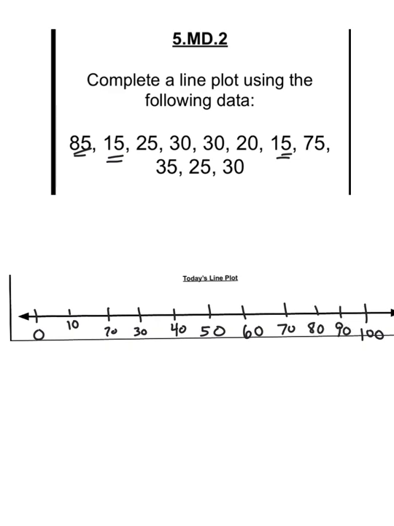Okay, so let's label. 15 is going to be right in the middle between 10 and 20, of course. So I've got my 15. 85 is going to be over here in between my 80 and my 90. So I'll put an X there. 25 will be in between my 20 and my 30.